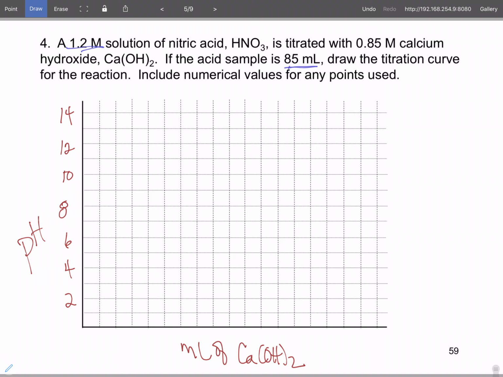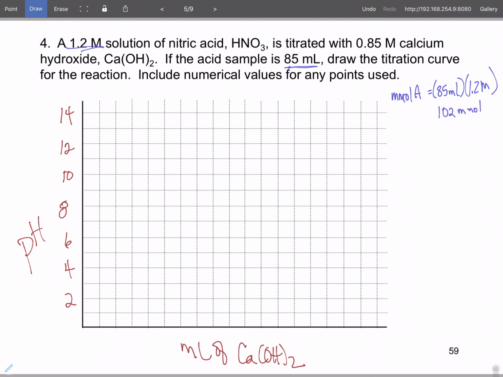So the millimoles of acid is equal to 85 milliliters times 1.2 molar, which comes out equal to 102 millimoles.